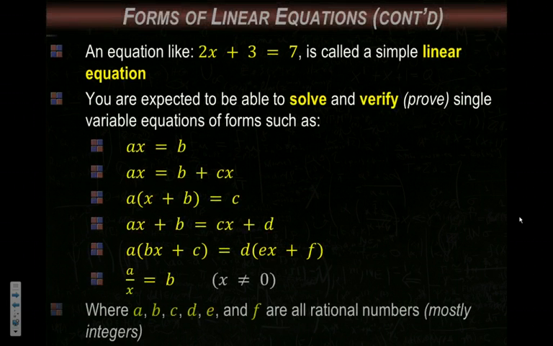What the math curriculum says is you should be able to solve these things in various forms. We're going to go over these in detail in a second, but the letters A, B, C, D and E could be any number, okay? For example, this could be 5x equals 10.